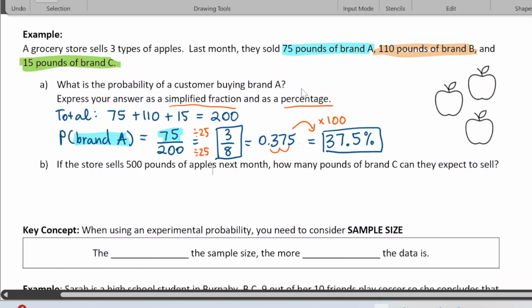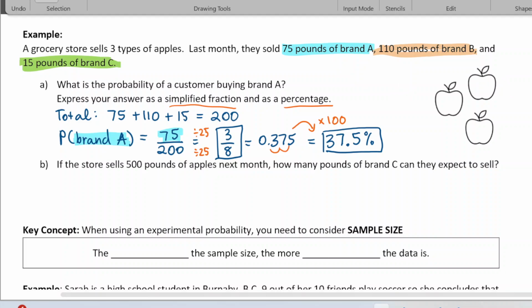It says if the store sells 500 pounds of apples next month, how many pounds of brand C are they expected to sell? So first, what we have to do is figure out the percentage for brand C. The probability of getting brand C, they only sold 15 pounds of brand C out of 200.